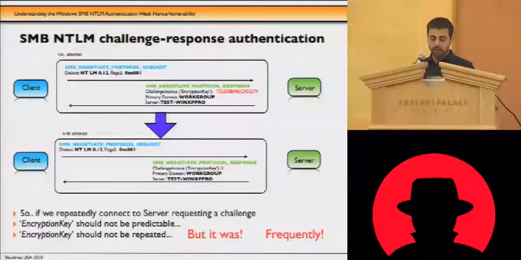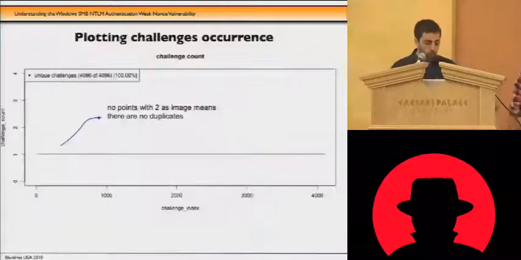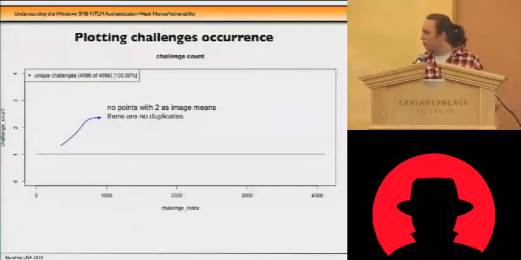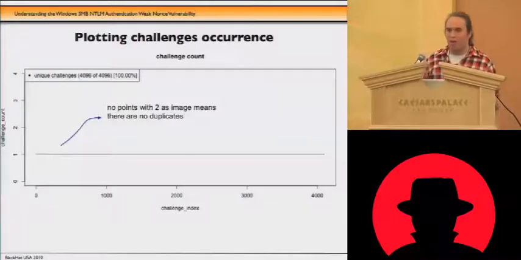So basically, Agustin here is going to show you some plots that we did that are trying to show you how often, how many, and how the nonces are generated by a Windows server that is vulnerable to this vulnerability. Hi. So we wanted to have a visual idea of how often the server was generating duplicate challenges.